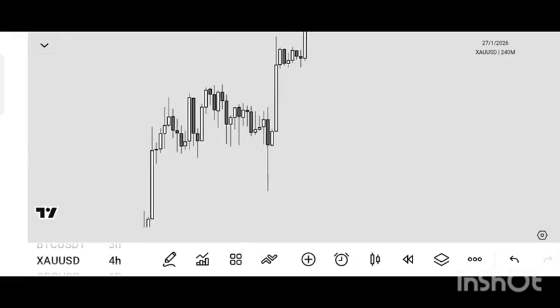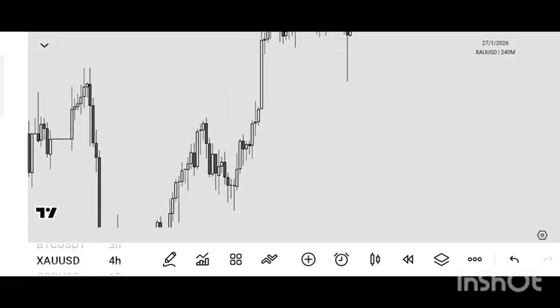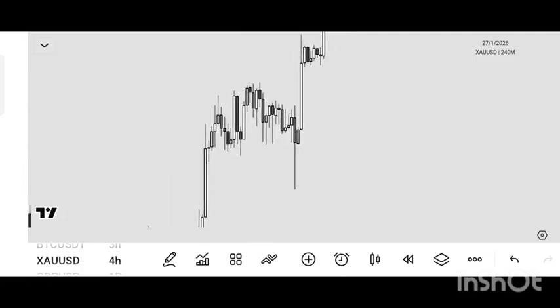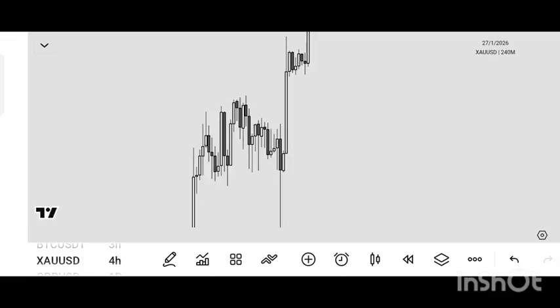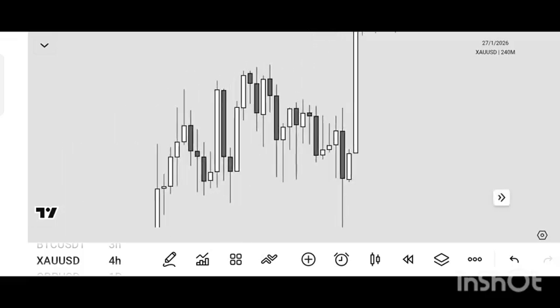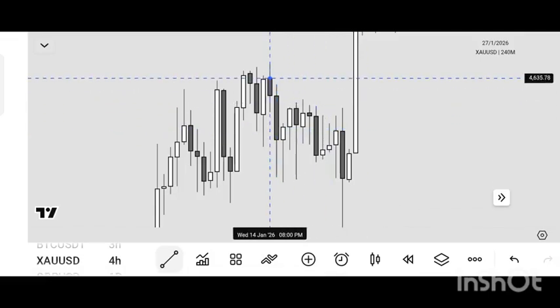This is how you know a V-shaped key level and an A-shaped key level: you use the line chart. If you go to the line chart, looking at this zone, because I'm already used to trading key levels, I can show you that this is an A-shaped key level.